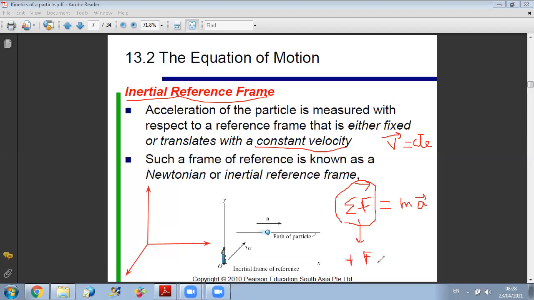The inertia force is given by minus the mass of the particle times the acceleration of the frame, A of frame.